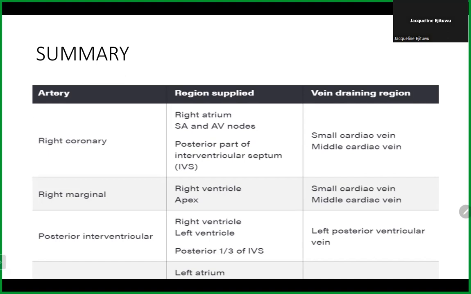So when we have ST elevation in lead V4R with an upright T wave, the occlusion is likely due to proximal RCA occlusion. But if it's only an upright T wave we have in V4R, it's likely due to distal RCA occlusion.